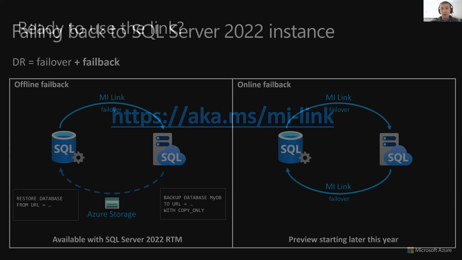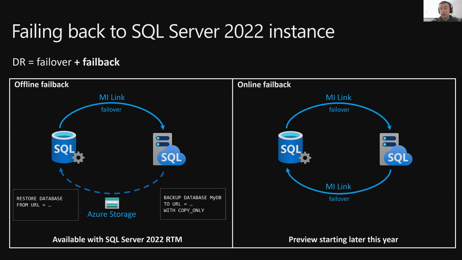I know that some software vendors and service providers have this contractual obligation to, let's say, every day or every week, every month, provide a copy of the database to their end customers. Or if you are simply refreshing your dev test environment or some debugging or troubleshooting environment that you are hosting outside of managed instance, so far you had to use BACPAC. Now you can restore it to SQL Server 2022 hosted anywhere.